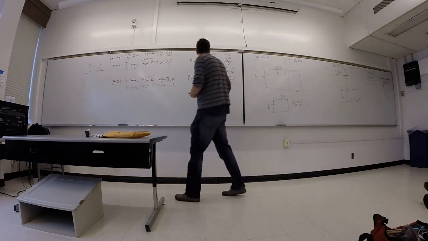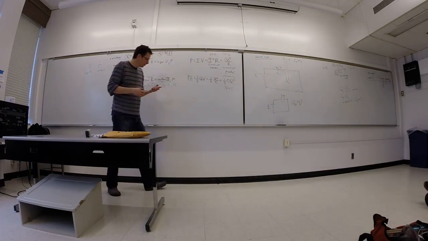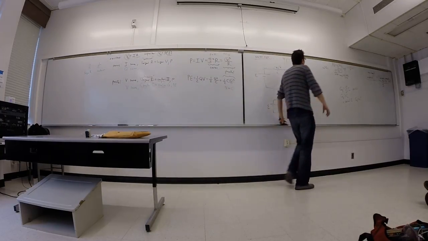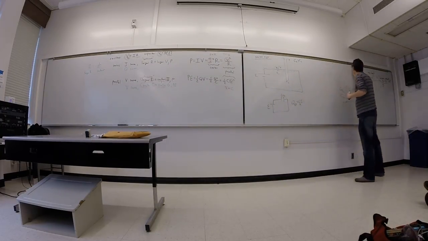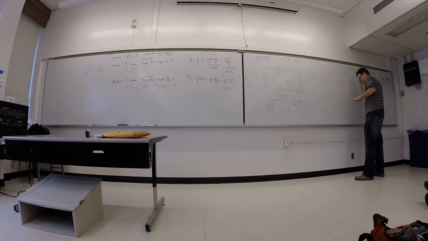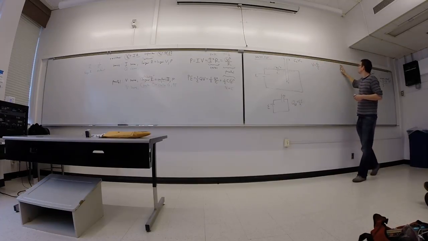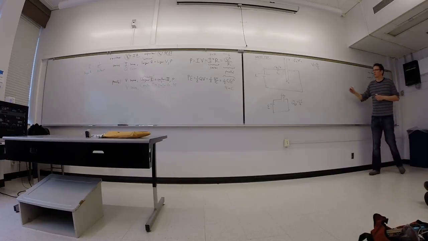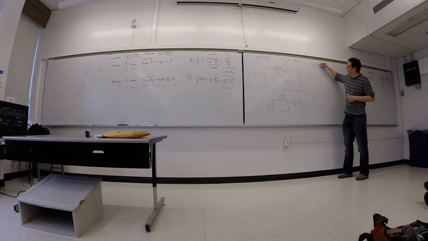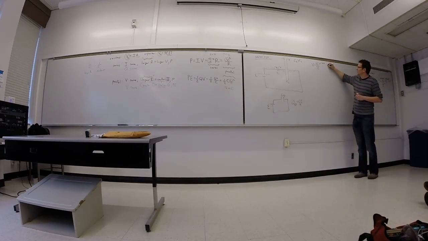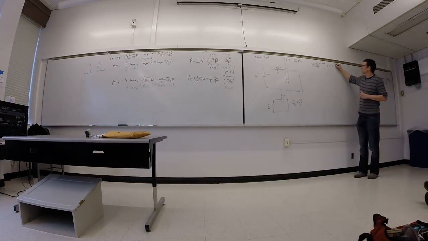So we go over here and take a look. Well, if Q is the same, how does that affect the voltage? So I'll solve for voltage. V equals Q over C. And Q is the same for everybody. So this tells us that it's actually the smaller capacitor that has a larger voltage drop.